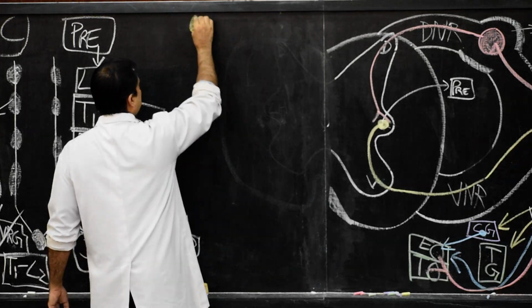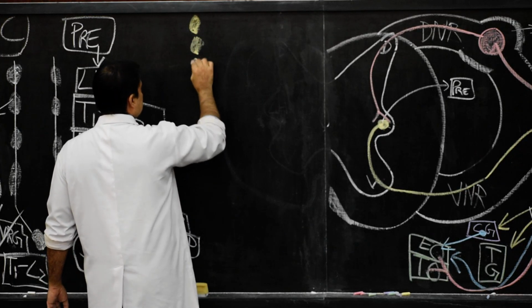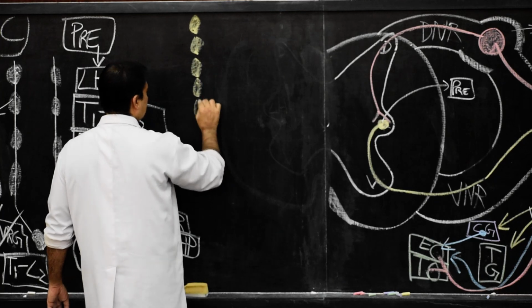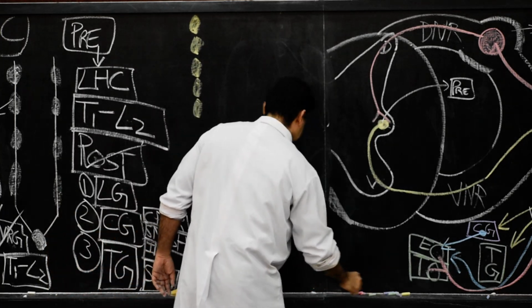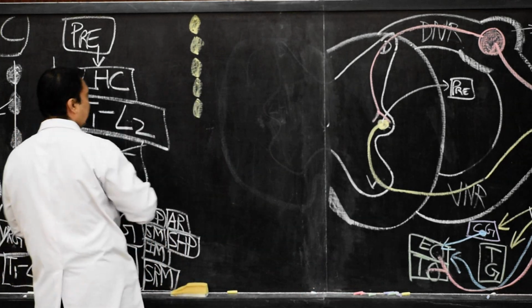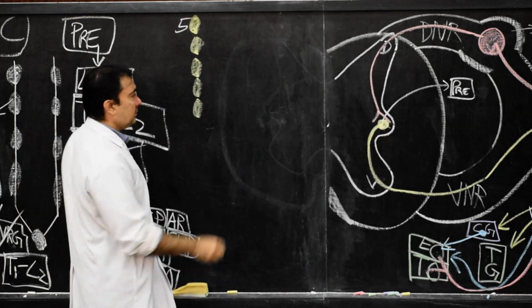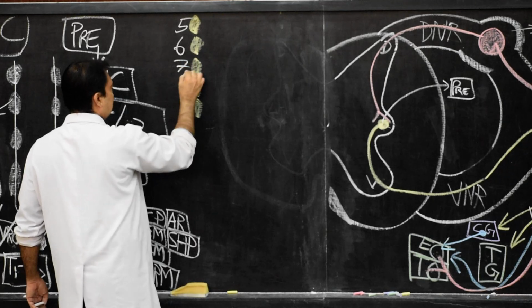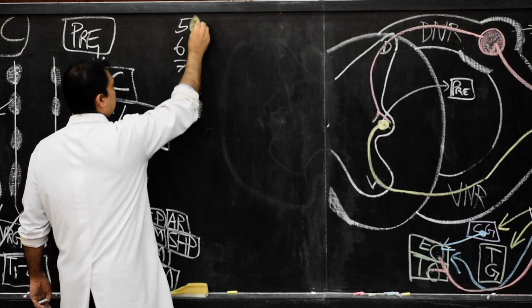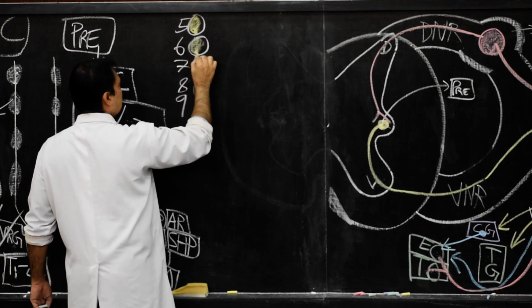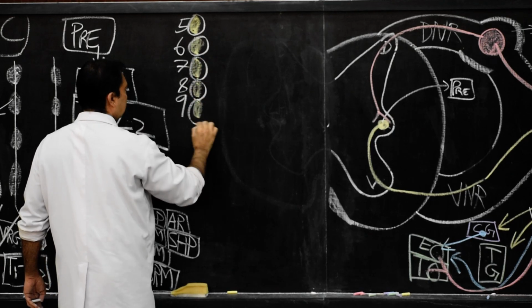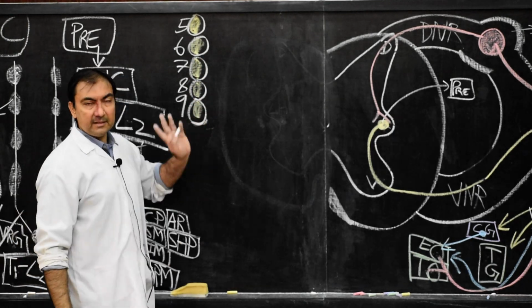So here 5, 6, 7, 8, 9. And here this 5, 6, 7, 8 and 9, I will write it down. This is the 5th thoracic lateral ganglion, then the 6th, 7, 8 and 9. So these are the thoracic sympathetic ganglia, the lateral ganglia.